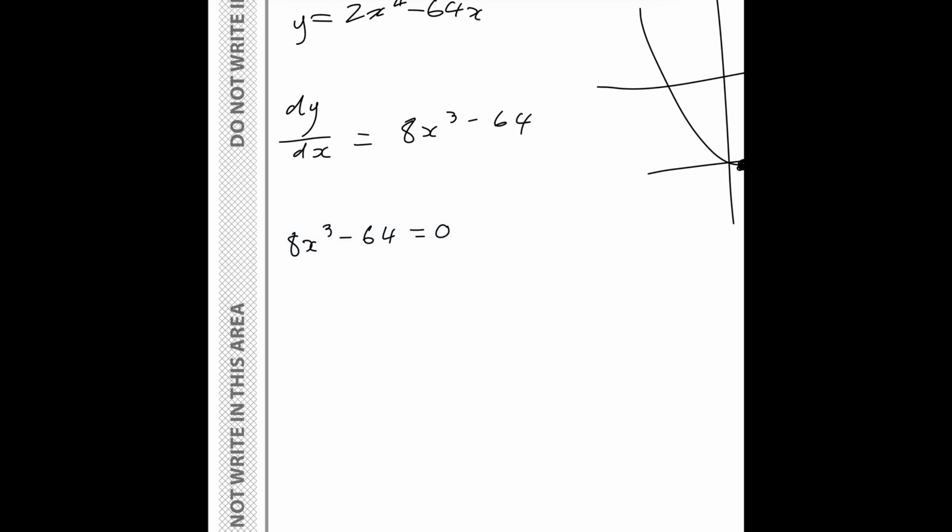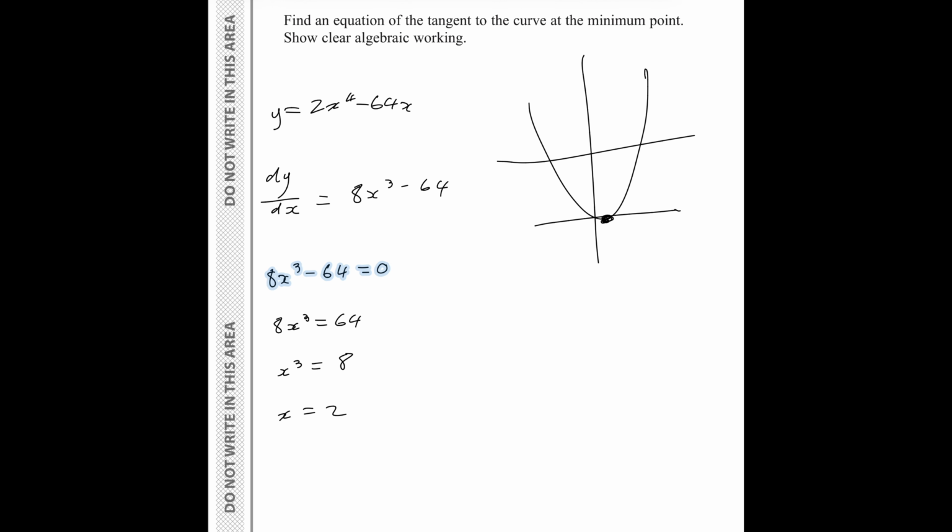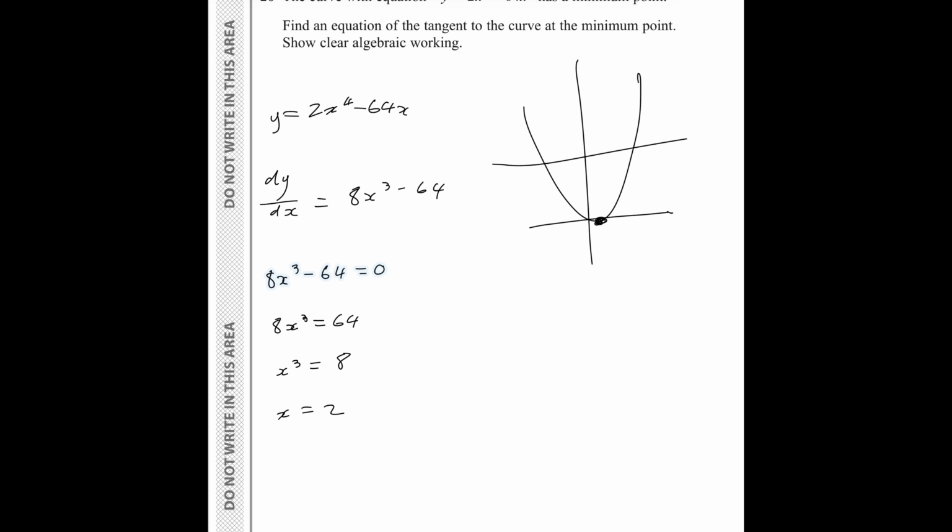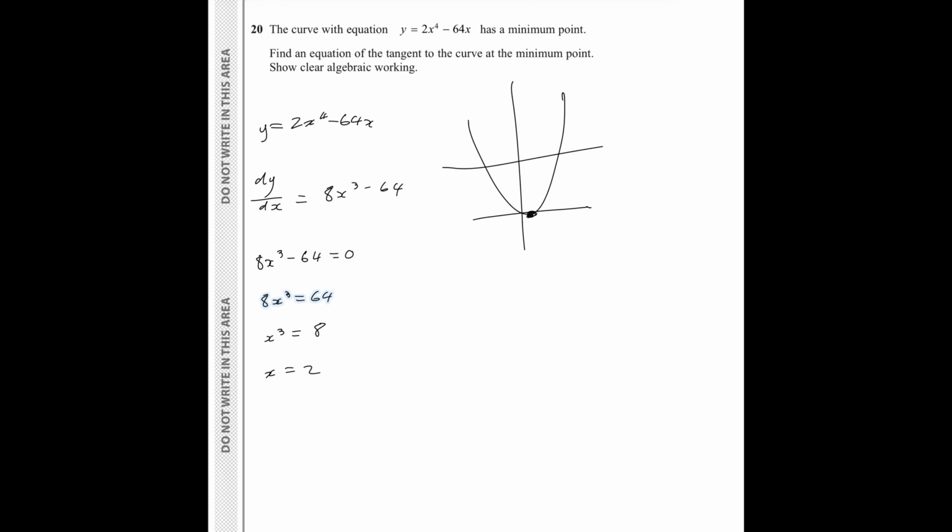Now we rearrange for x, and we get x equals 2. So now we know the x coordinate of the point. Now we just want to find the y, so we do that by plugging that into the original function.